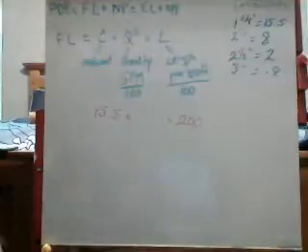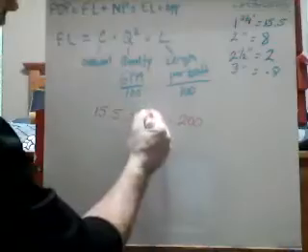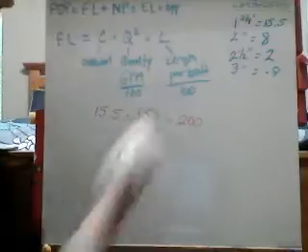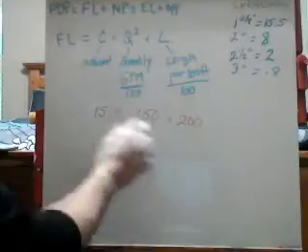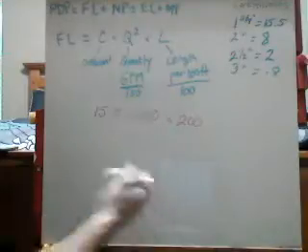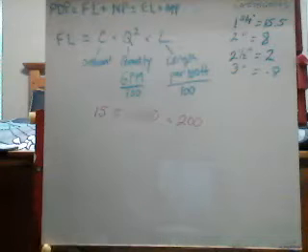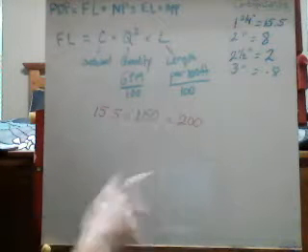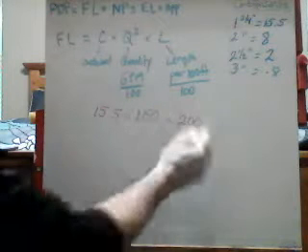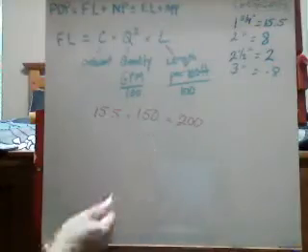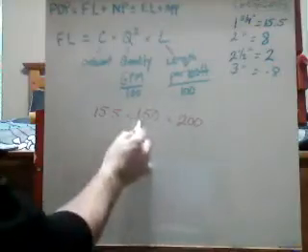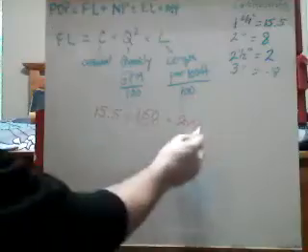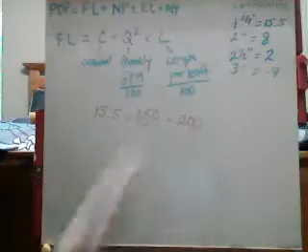So it's 150, but we need to divide that by 100 as well. If we divide anything by 100, instead of actually doing the division, your decimal point's at the end, and when you divide something by 100, you go to the left two decimal spots. 1, 2. So it's 1.5, and 200 becomes 2.0.